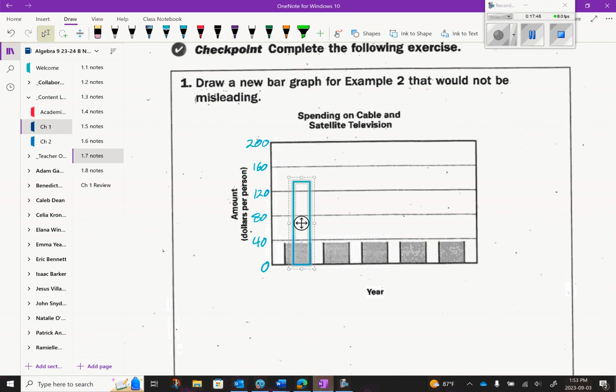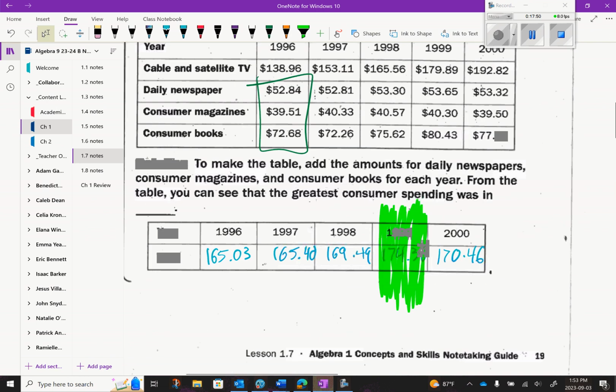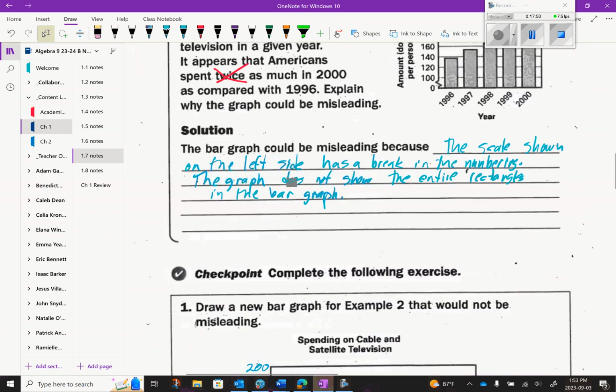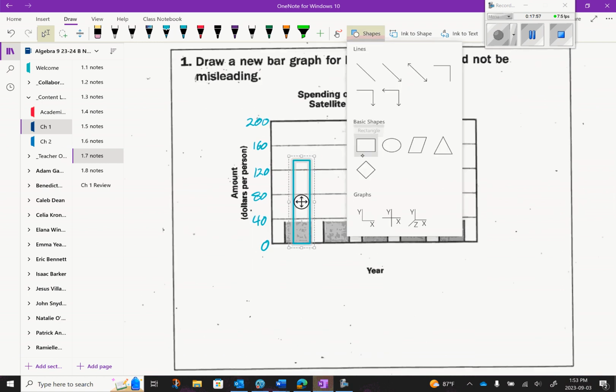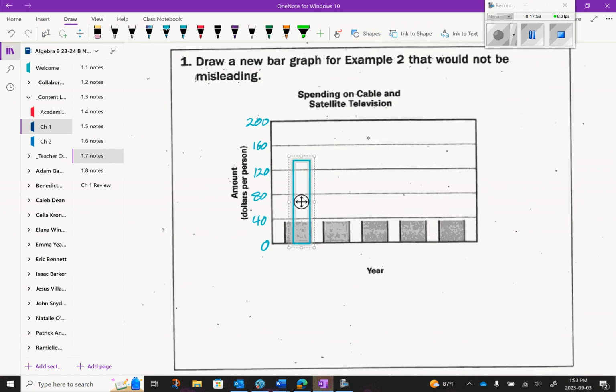For the next one, I need 153. Again, I'm going with shapes, trying to find a rectangle, but it's OneNote, so things are going to jump on their own here. And again, I want to show that it's a little bit taller, that it has gone up.